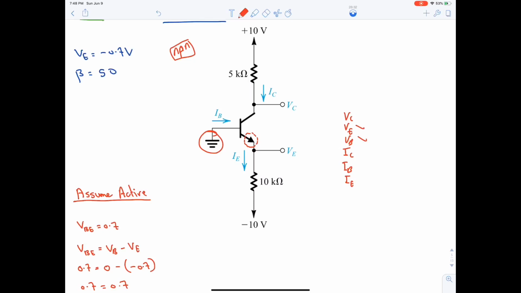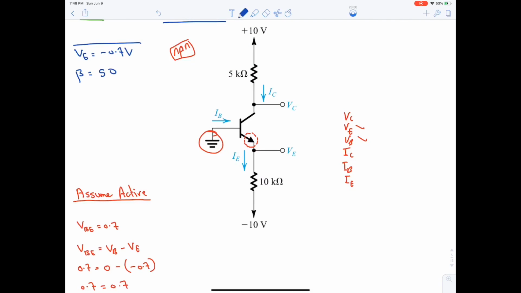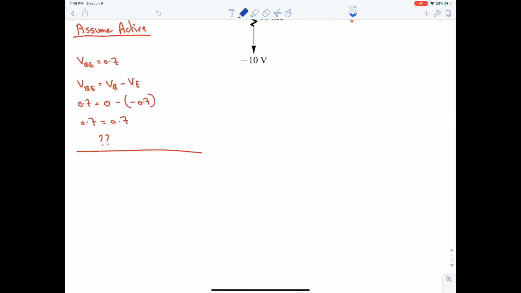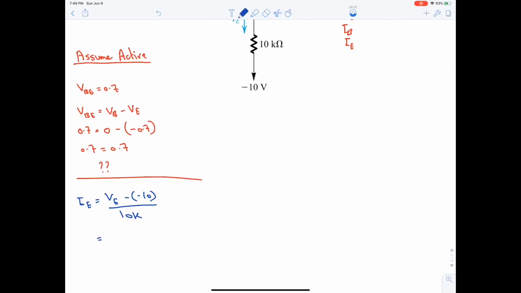If we have VE, I told you, if we're having a voltage, the next step is to find the current across that voltage. So we need to find now IE. IE is equal to what? It's VE minus 10 divided by 10K. What is VE?